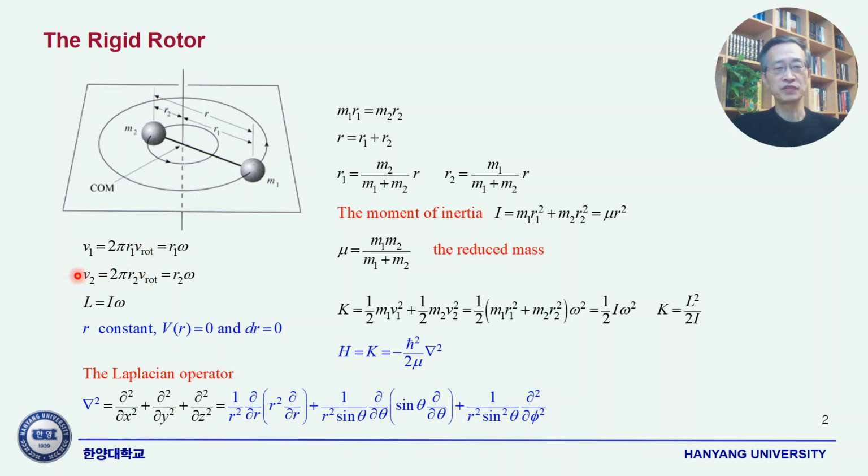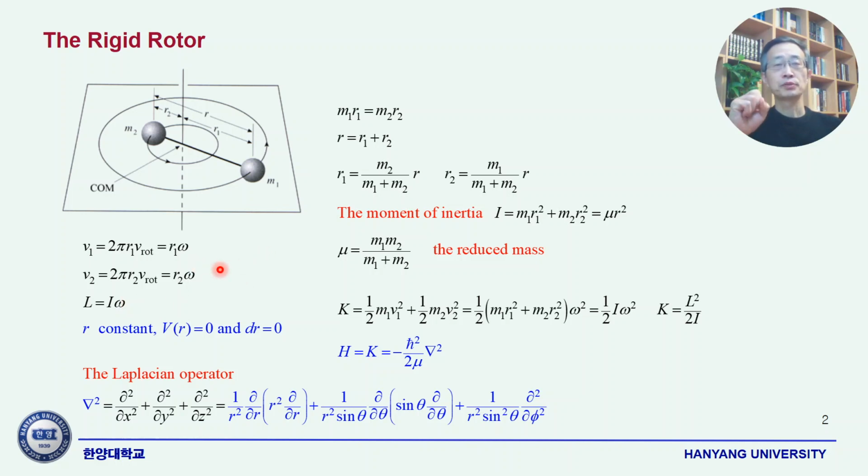Now, the angular momentum is defined in terms of the moment of inertia and the angular velocity, which is L equals I omega.